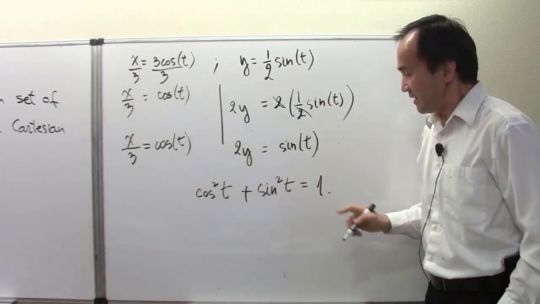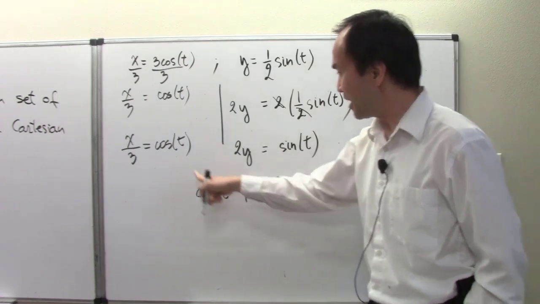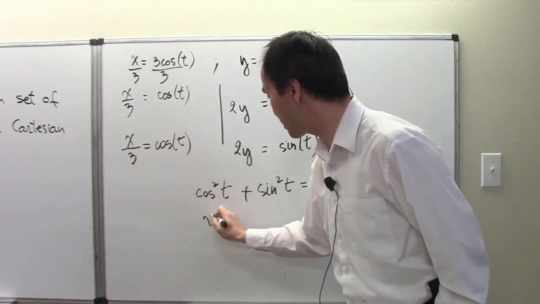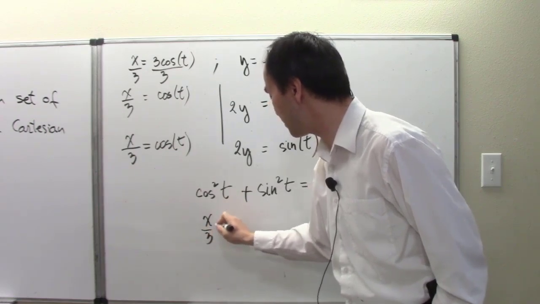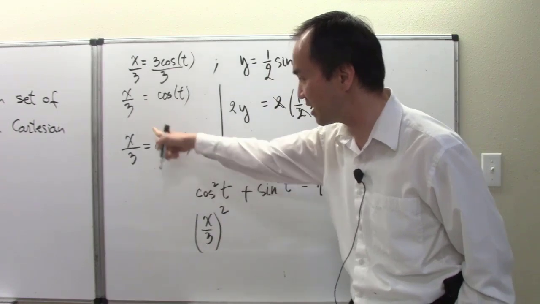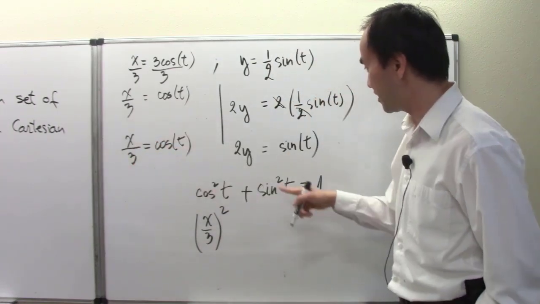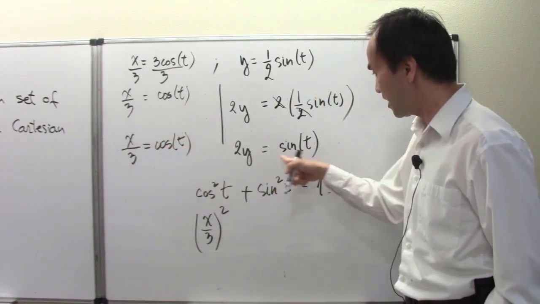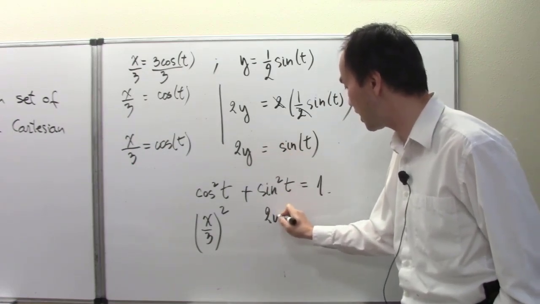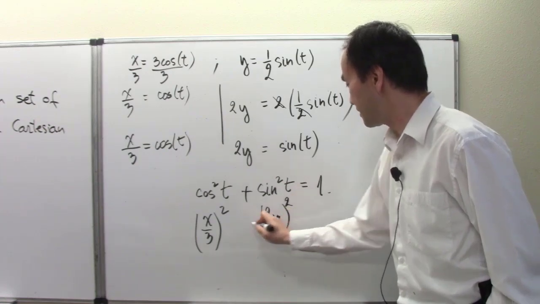Okay, and so right from that, cosine of t now is x over 3, and so cosine squared we're going to come out with x over 3 all squared. Once again, because cosine of t equals x over 3, and the sine of t equals 2y, sine squared of t in this equation has to become 2y all squared.